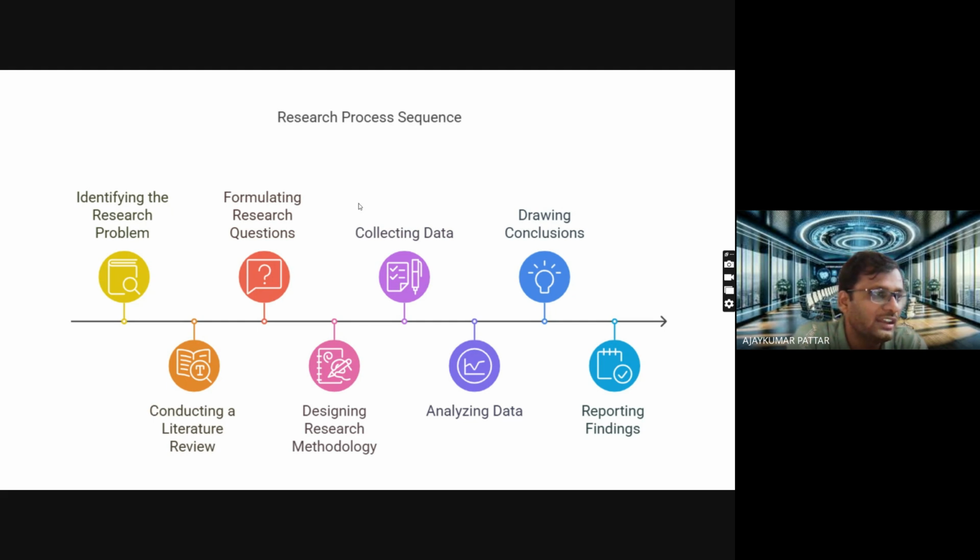You can ask your guides and researchers about any problem. Then you go with that problem and want to find an answer or solution for it. This is what we commonly do, identifying the research problem in our specific field.